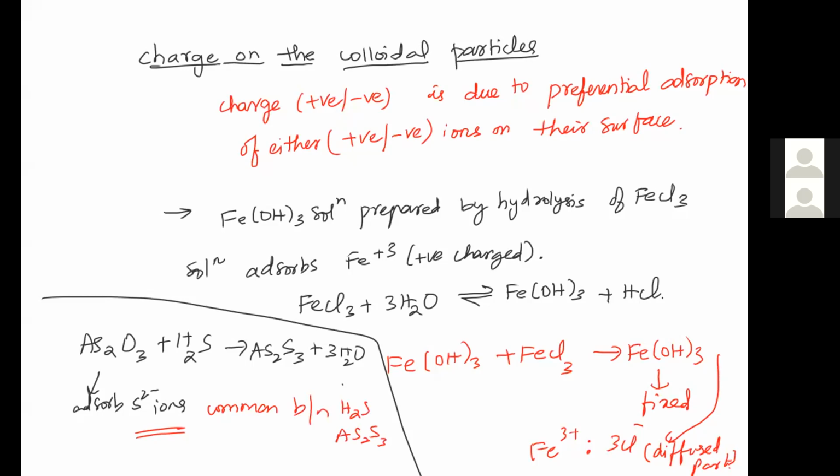So we have As2S3 plus H2S giving rise to As2S3, S2 minus. This is the colloid. It adsorbed S2 minus because both H2S and As2S3 have sulfide in common. So whenever there are two compounds and one of the ions is common, that is always given first preference in adsorption.